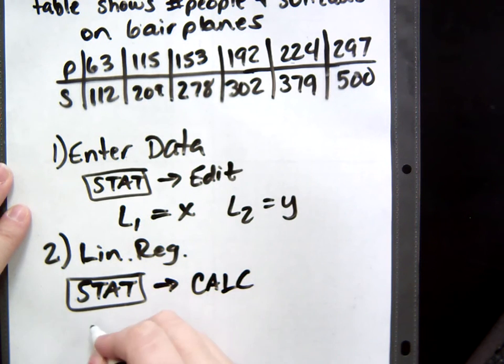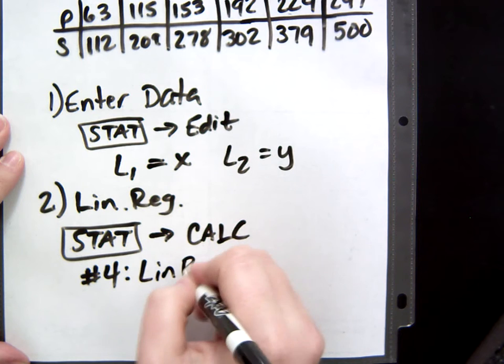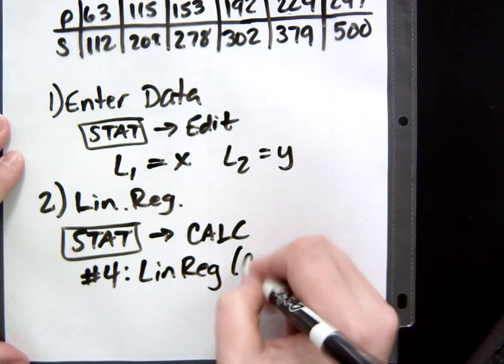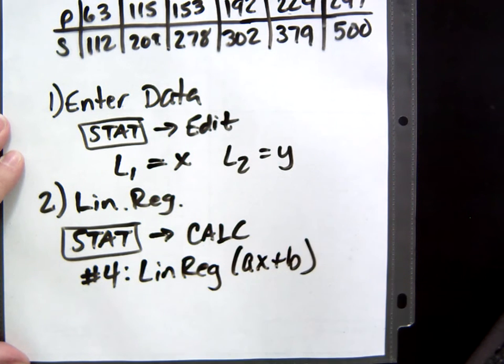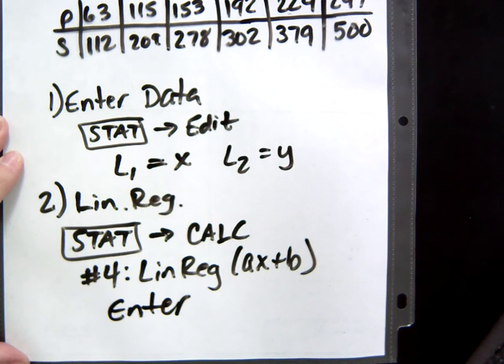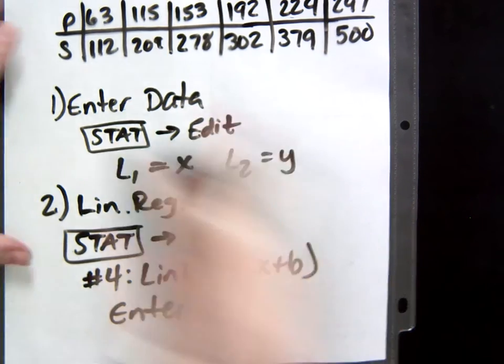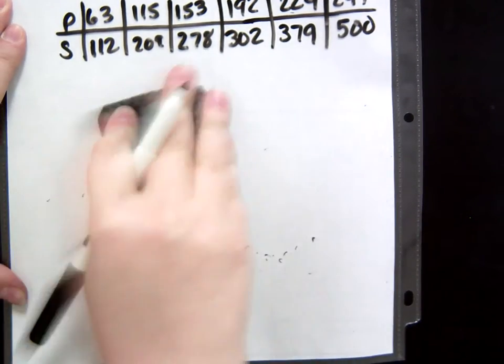In the Calc menu, number 4 is going to say LinReg, with parentheses ax plus b. Once you hit number 4, you're going to have to hit enter a few times until it gives you the equation. So let's go ahead and do a linear regression for the sample problem I've given you.